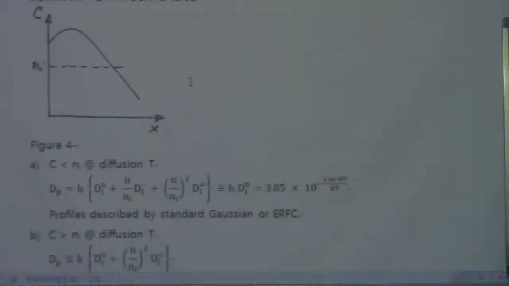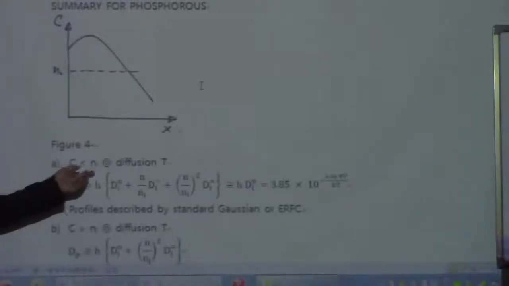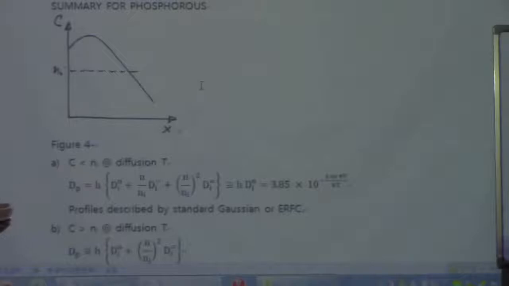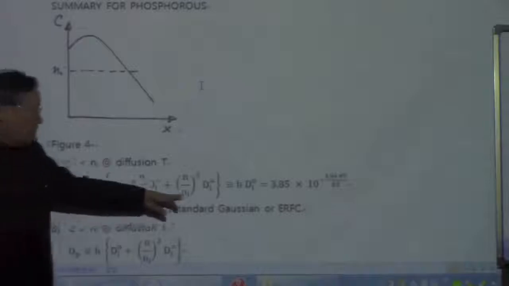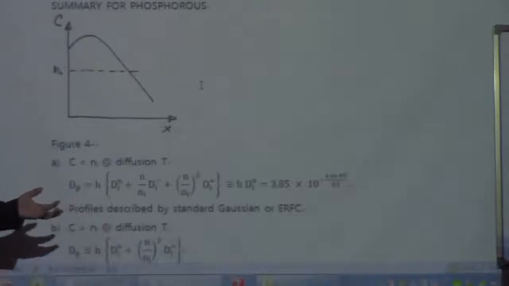Okay, let's just make a summary of the first one. So what we have talked about. It has two cases. Where the concentration of the dopant is less than the intrinsic, in other words the lightly doped case, even though the diffusion coefficient can be expressed generally like this, we may take just a constant value of the diffusion coefficient so that we can solve Fick's second law, the diffusion profile, according to the approximated equations.